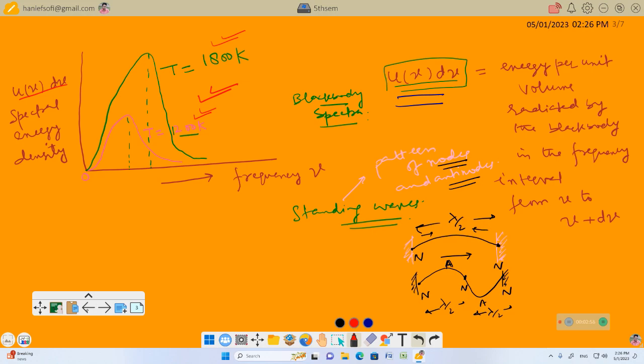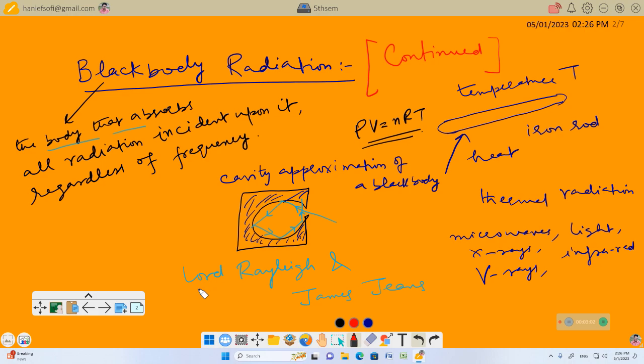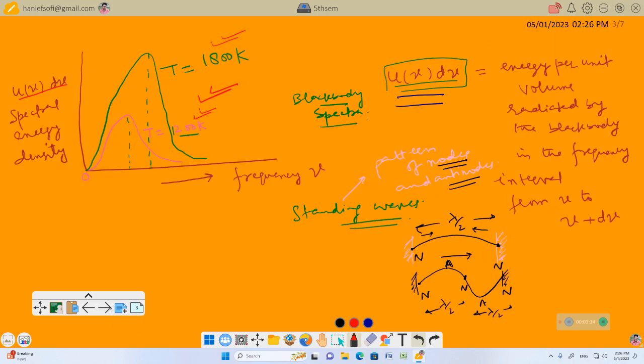Then we said that to explain this black body spectrum, there were two people at the end of the 19th century, Lord Rayleigh and James Jeans. What they did to explain this black body spectrum, they used the idea of standing waves.